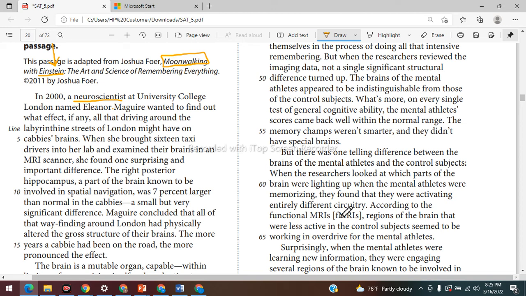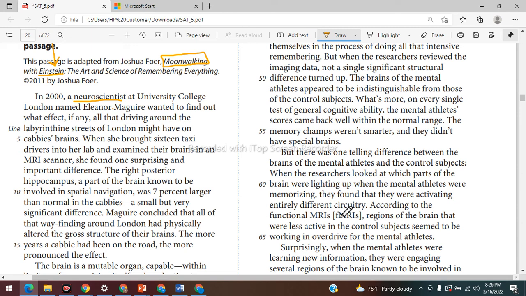The first thing was that we have this neuroscientist named Eleanor, and the first problem she wanted to figure out was what effect driving all day around these streets would have on people's brains, right? The best people to test would be taxi drivers, because they do that all day, 24/7.